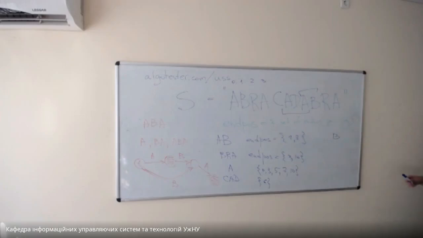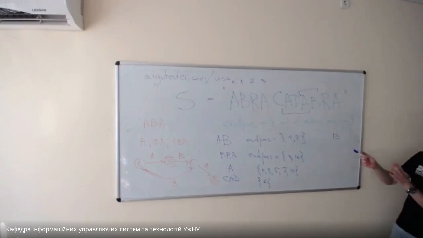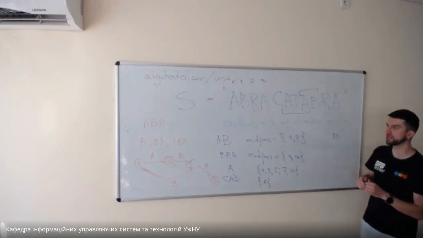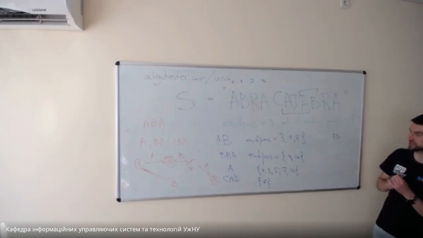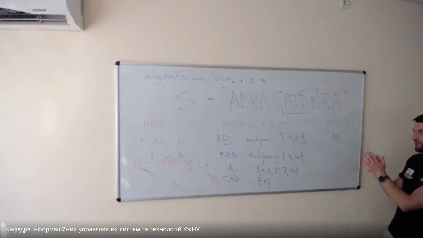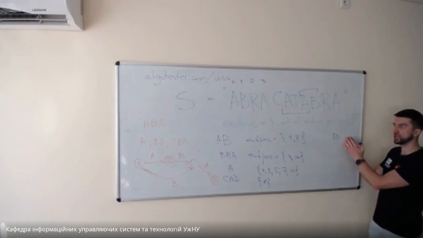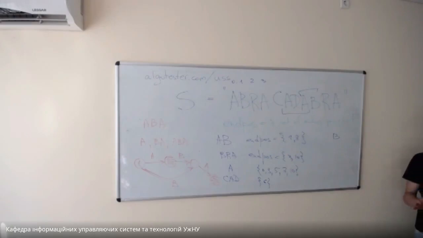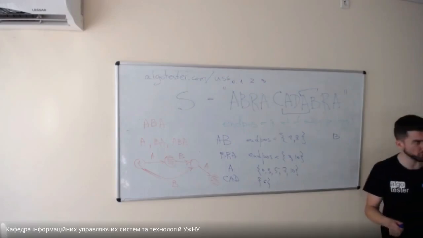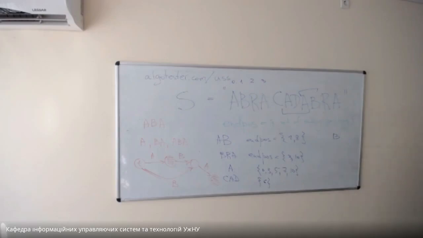Then let's see what the properties of these classes of equivalence are. We say that if 2 different strings are in the same class, then one of them, the shorter one, has to be a suffix of the longer one.